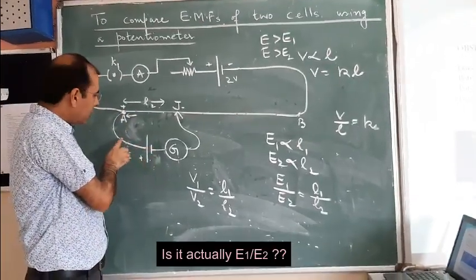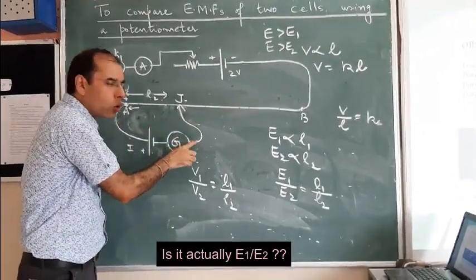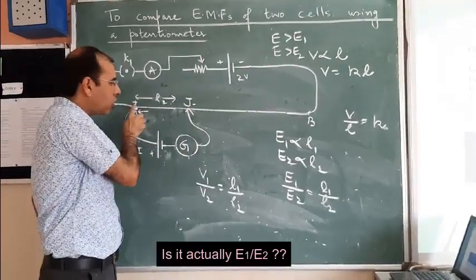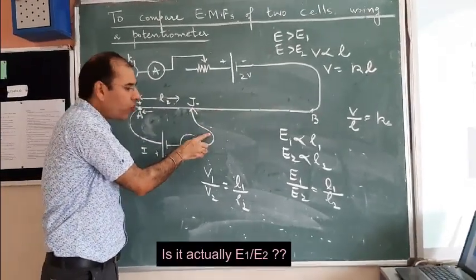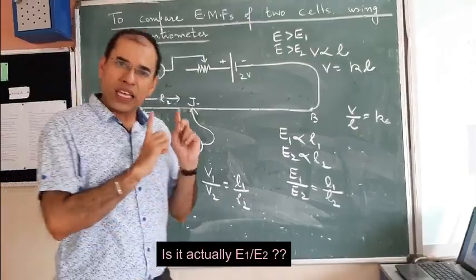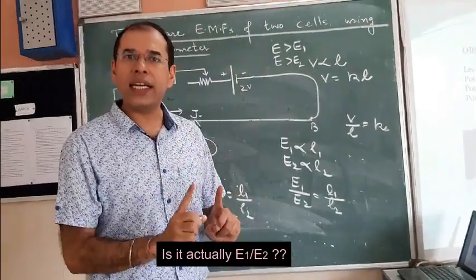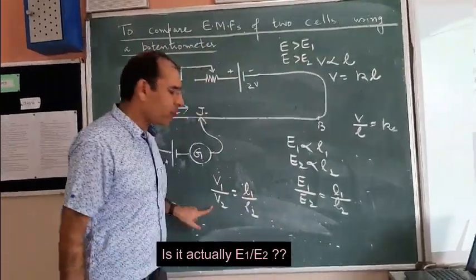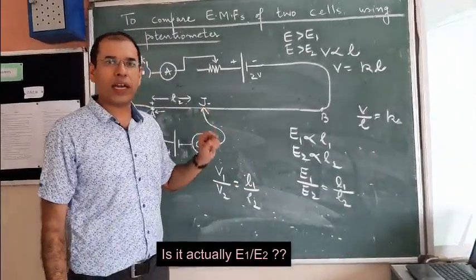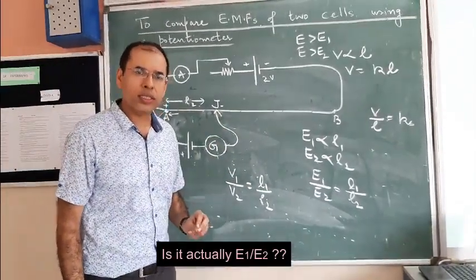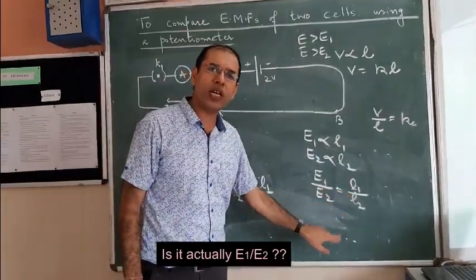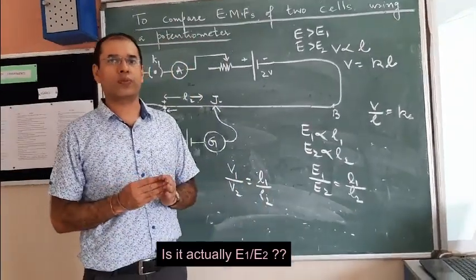If you see this cell, it is in a closed circuit. There is nowhere the circuit is broken. If it is a closed circuit, then V1 by V2 should be equal to L1 by L2. So are we wrong in saying E1 by E2 is L1 by L2? Or what is the issue?